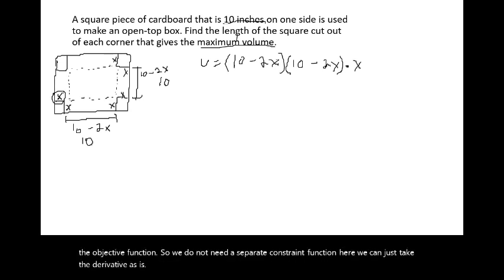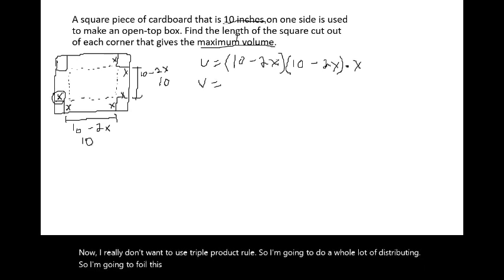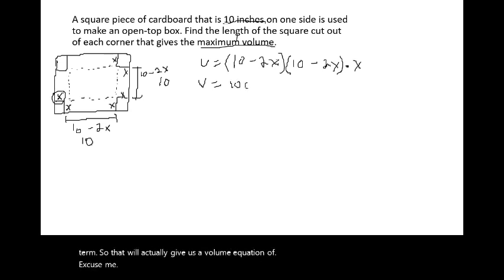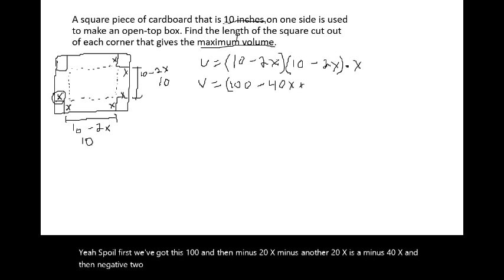Now, I really don't want to use the triple product rule, so I'm going to do a whole lot of distributing. So I'm going to FOIL this 10 minus 2x times 10 minus 2x, and then I'm going to distribute the x to each term. So that will actually give us a volume equation of, FOIL first, we've got this 100, and then minus 20x minus another 20x is a minus 40x, and then negative 2x times negative 2x is going to be plus 4x squared.